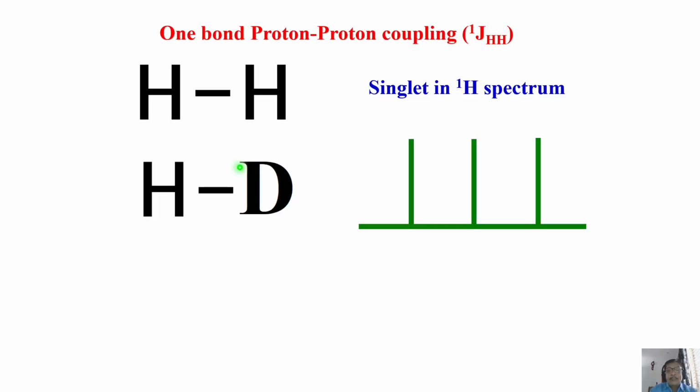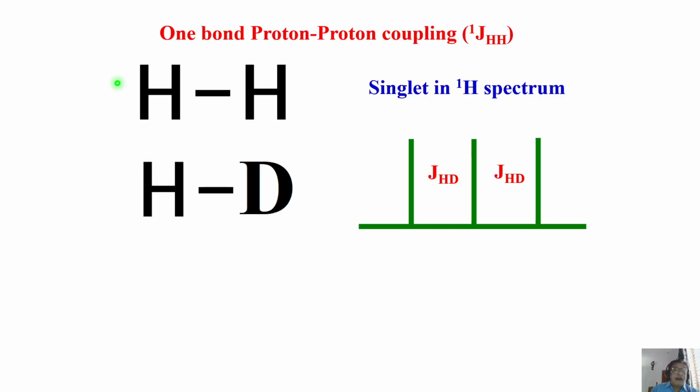What does the separation of peaks give me? If I measure the separation between any two adjacent peaks, I am going to get JHD, the J coupling between proton and deuterium.